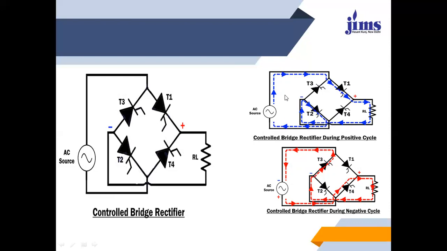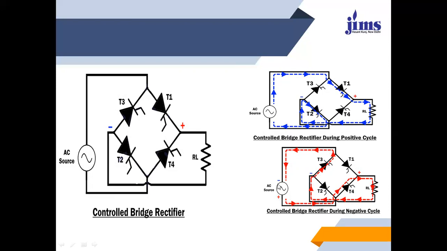This is the path offered by the circuit for the positive half cycle. For the negative half cycle, the current moves through T4 to the load, up through T3, and then returns back to the source.